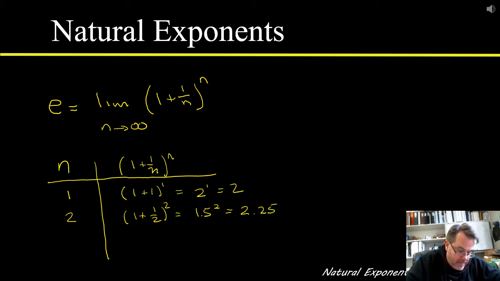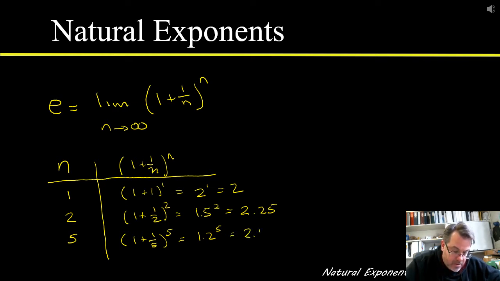All right. We can go up a little bit higher, put in 5 here. This is 1 plus 1/5 raised to the 5th power, so that's 1.2 raised to the 5th, and that gives you 2.49 repeating. And you can keep doing that if you want.